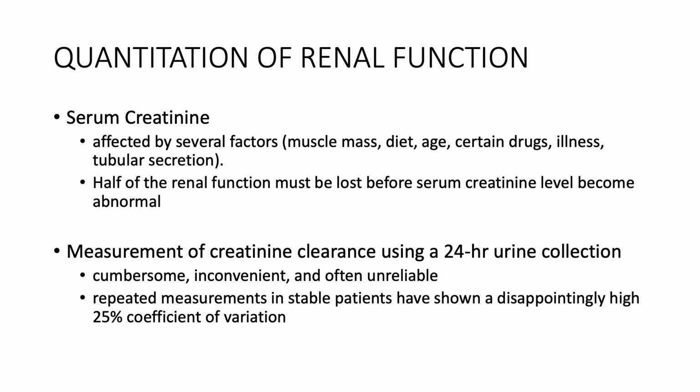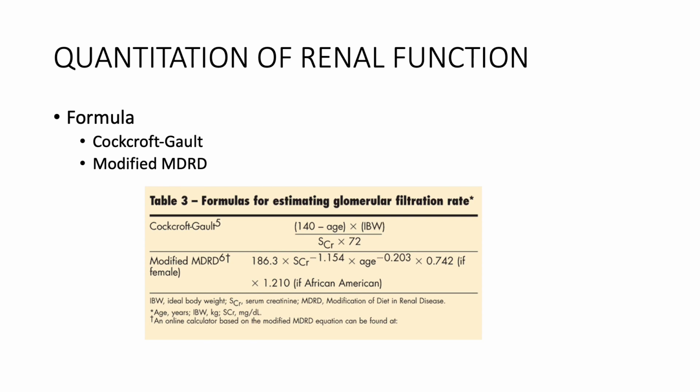Now, measurement of creatinine clearance using 24-hour urine collection is cumbersome, inconvenient, and often unreliable. In a study, repeated measurement in stable patients have shown a disappointingly high 25% coefficient of variation. Another way is to use the formula for creatinine clearance, such as the Cockcroft-Gault and the modified MDRD.